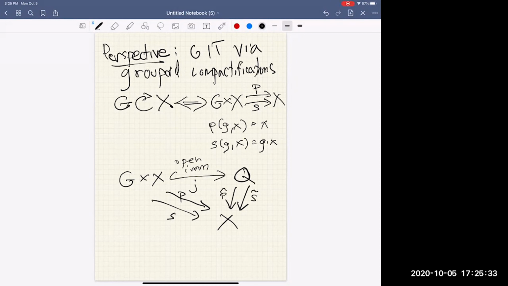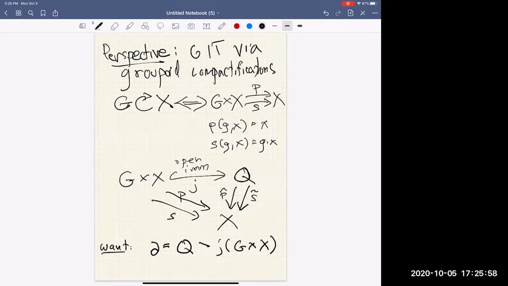Okay. Then I can define, furthermore, you want the boundary, which you can define to be Q minus this open set.